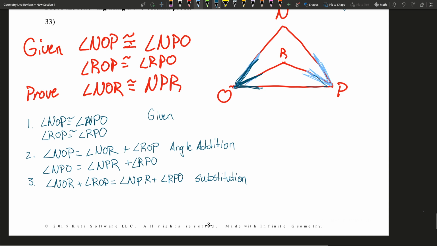And we're trying to prove that these things are equal. So in some way we have to get rid of ROP and RPO, but we know they're equal to one another because of this given part right here. Okay, so we can substitute one more time.